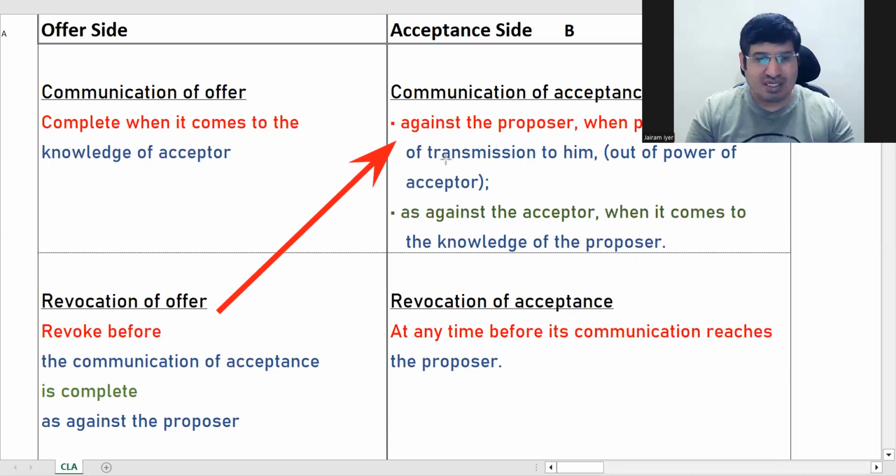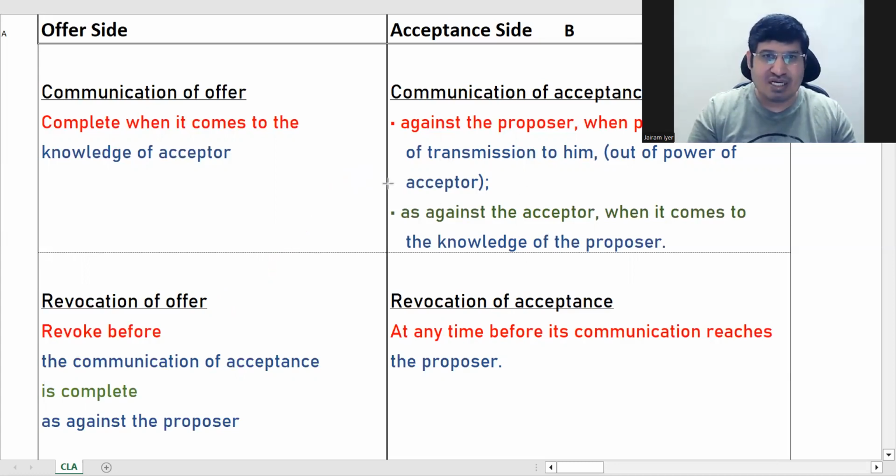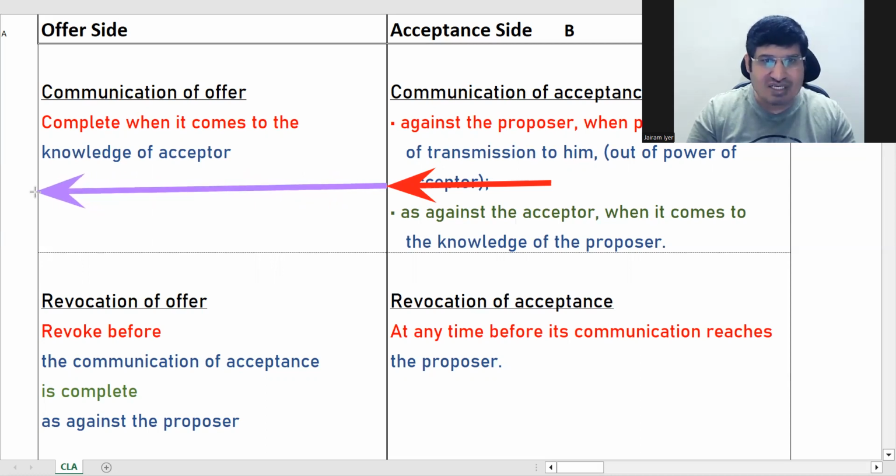That is, this person is accepting, he will accept and he will post it, correct? So he has put it in the post box here. After he has put it in the post box, it will then reach this person. Two stages will be there. One is here, at this point it has become out of the power of the acceptor, but the proposer has not yet read it. He doesn't know that this person has accepted his offer. Then the letter will be delivered to the proposer. The acceptor can revoke it any time before it reaches the proposer.